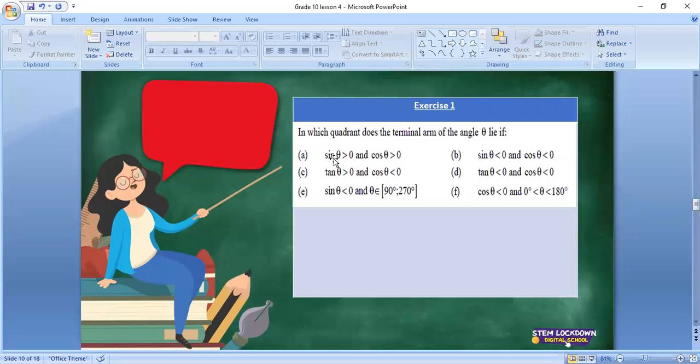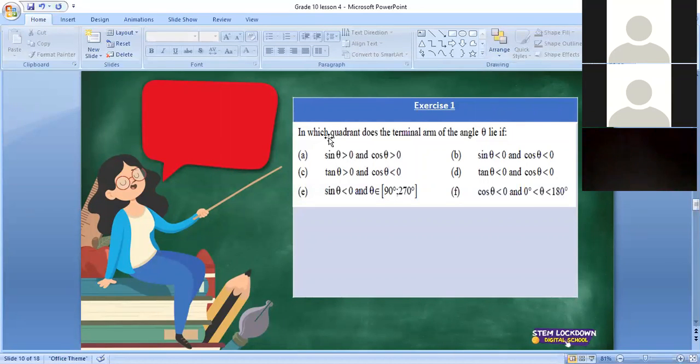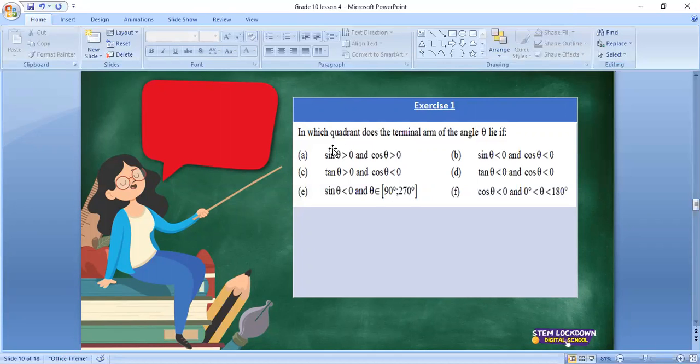So this one is saying sine theta greater than 0, and cos theta also greater than 0, positive. So which quadrant has sine positive, cos positive? In this case, the first quadrant.